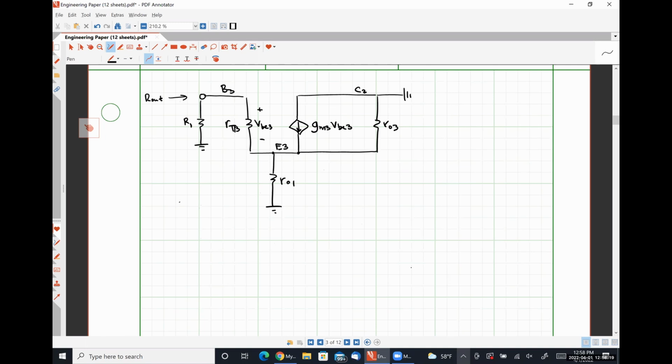All right, so I'm going to apply a voltage source here that I'm going to call V out. Measure my current I out, and the ratio of V out to I out is my output resistance.